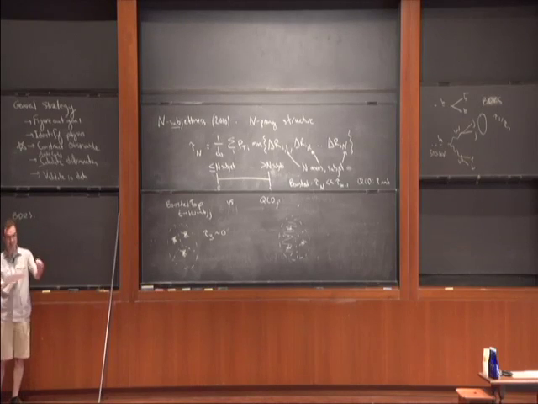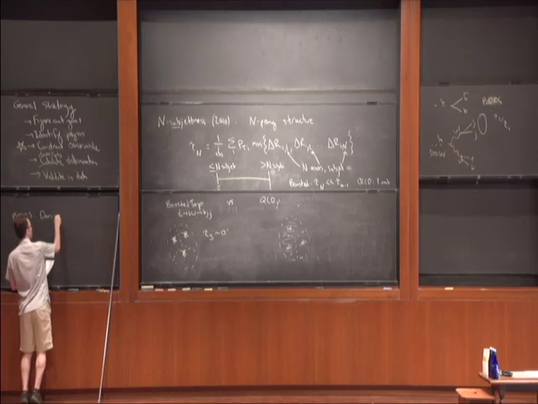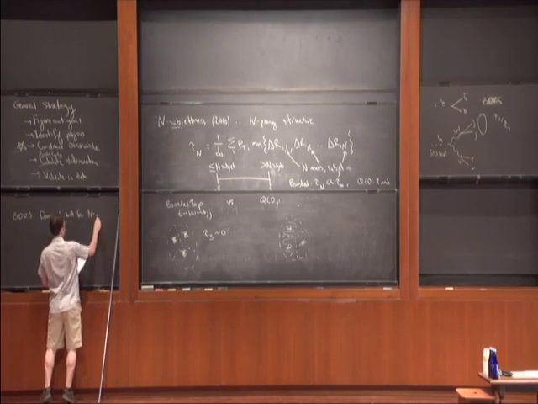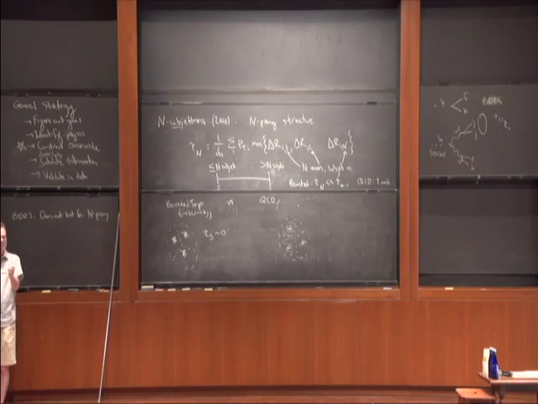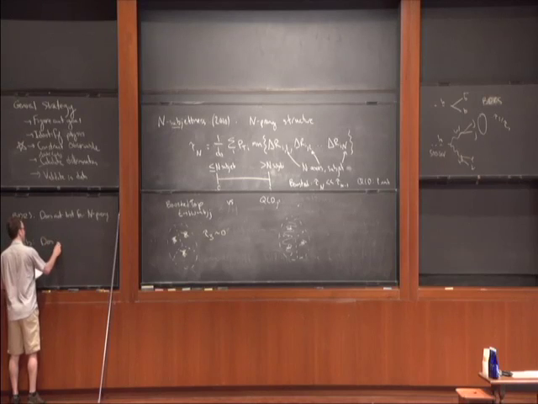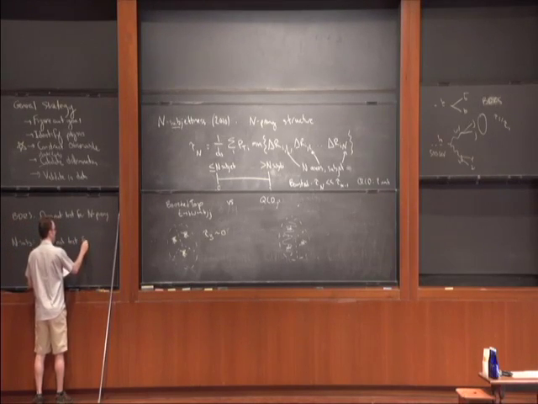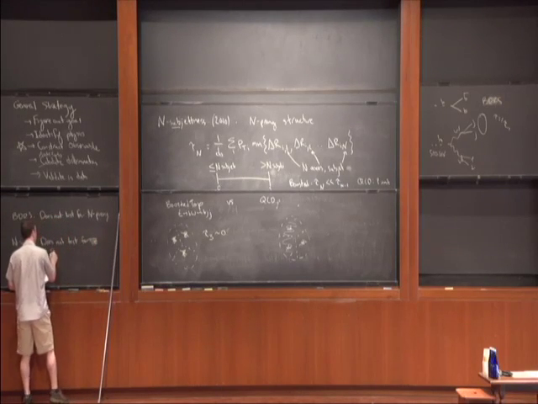BDRS was designed to test for democratic energy sharing, but it does not test for n prongs. As part of the BDRS procedure, there's no test that says, is radiation well collimated along axes? N-subjettiness was designed to test for n prongs, but does not test for Z symmetry, or for the democratic energy sharing, Z sharing.